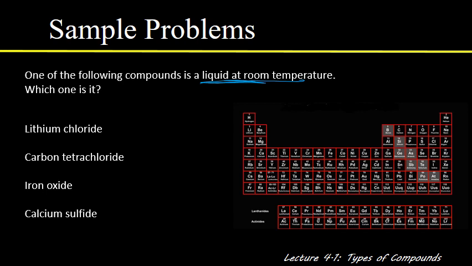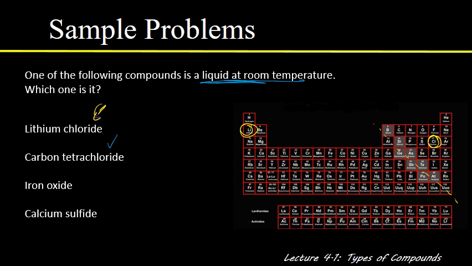temperature. So lithium chloride, take this first one here, lithium chloride, right? Lithium is over here, and chlorine I should say, is over here, right? So lithium chloride is going to be an ionic compound because we've got a metal and a nonmetal, right?